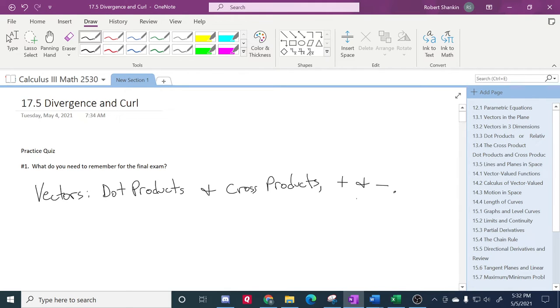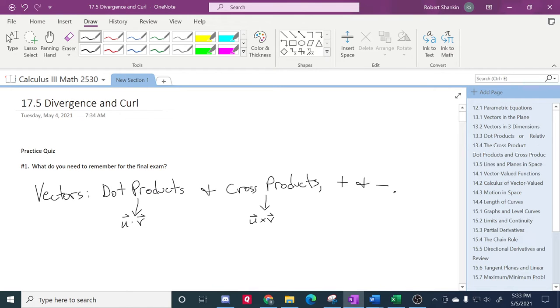All right. And on this topic, just to yourself, and you don't have to write it down, you can think about it. The dot product of two vectors, u dot v, tells you what about the vectors? The cross product of two vectors, u cross v, tells you what about the two vectors?